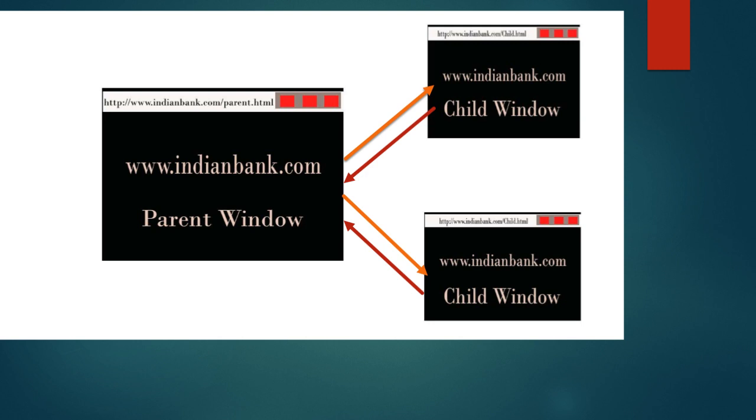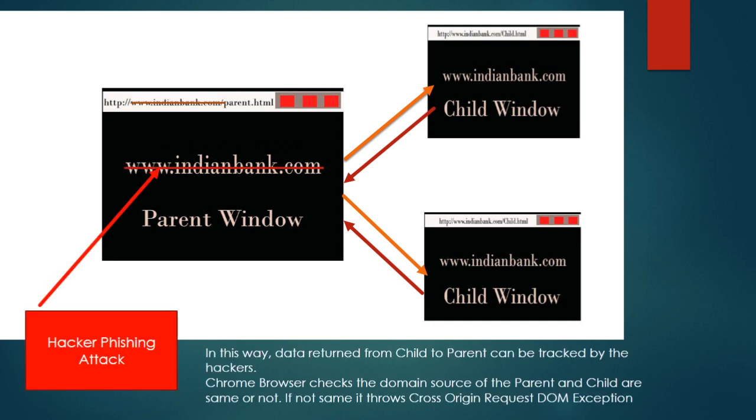Now if you think that there is a hacker intervention and the hacker has changed the parent window to something else, then the child window, if it is accessing the objects of the parent window, will continue to assign values in the parent window even if that parent window is replaced with a hacker's phishing attack by some other domain window, maybe with the same names.